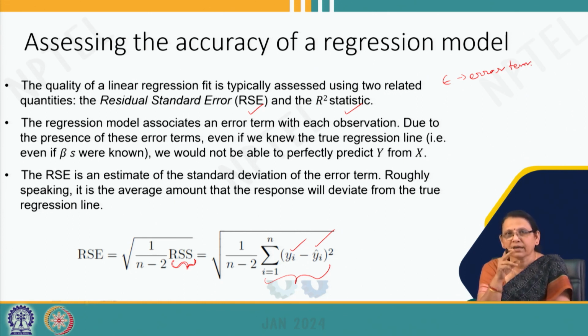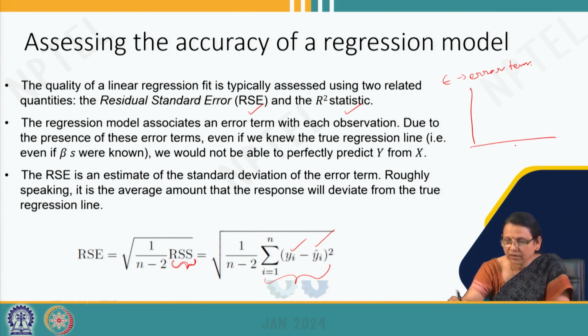We had a total of n observations. So, with each of the n observations we associate one epsilon value. Now, due to the presence of these error terms, even if we know the true regression line, we would not be able to perfectly predict y. Why so? Because this line is just the average line, isn't it?